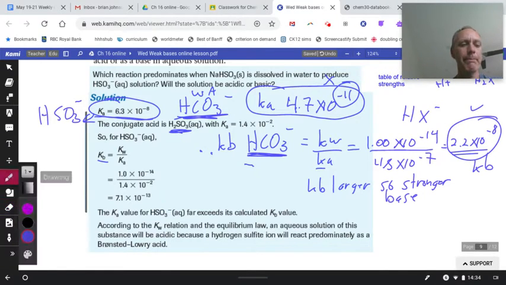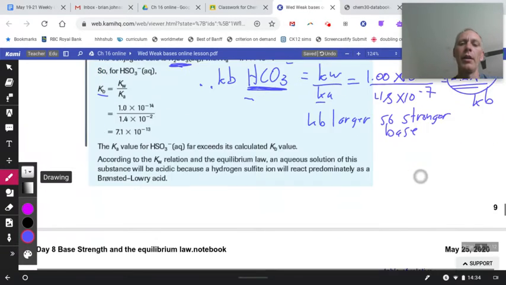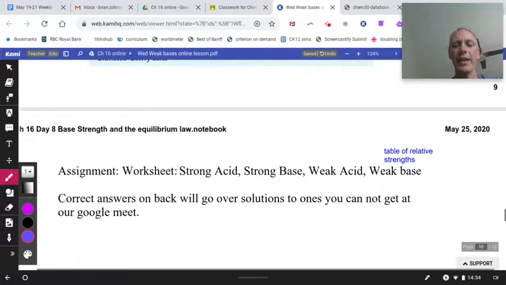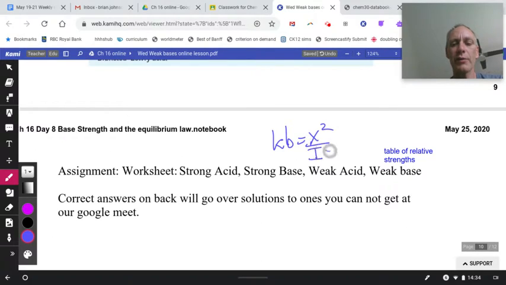So that is an example of the two different types of weak base problems. In the first, you are given the pH and you have to calculate the Kb value using Kb equals x squared over initial minus x.